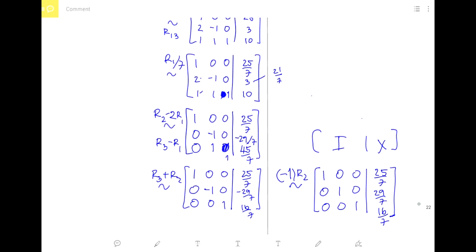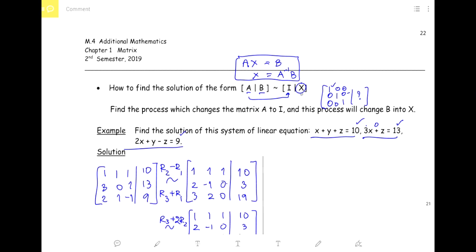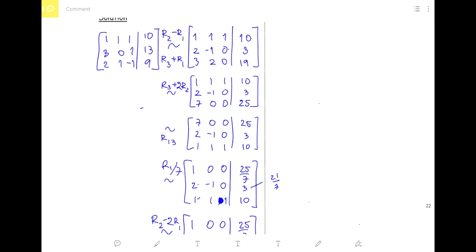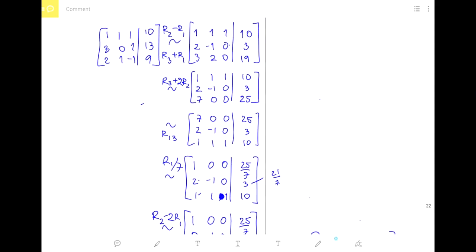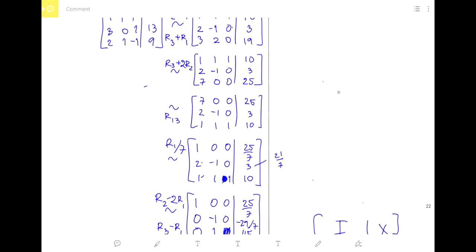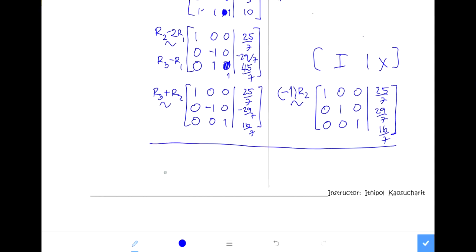This is on page number 22, right? You go back, okay? If you have time, you check this one out. We already have IX, so your X is going to be right. Okay, we are done now. So we have to put the answers over here.